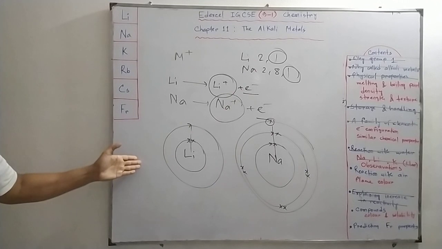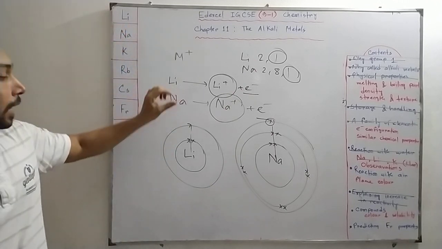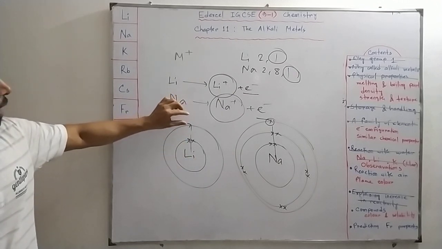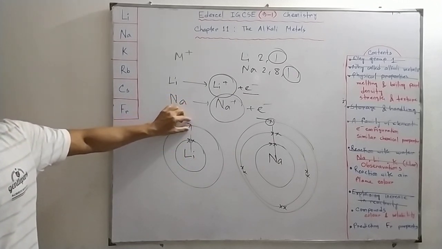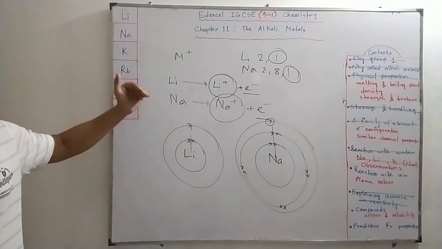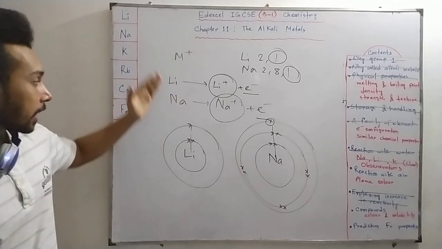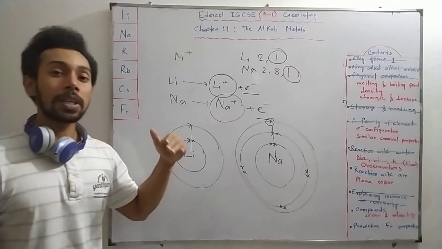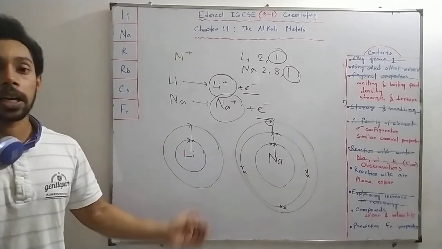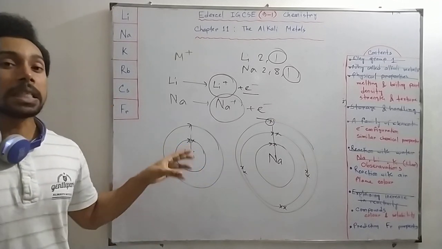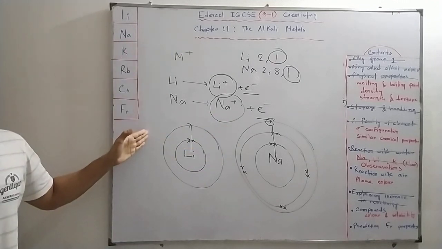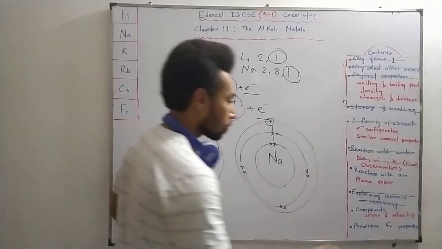And as you go down the group, the atoms get bigger, therefore the distance between the positively charged nucleus and the electron increases. So the electron is further from the nucleus, therefore less strongly attracted and more easily lost. So the chemical reactivity increases down the group.